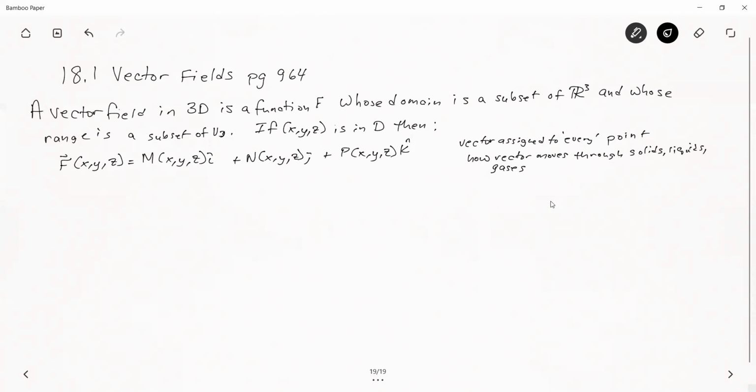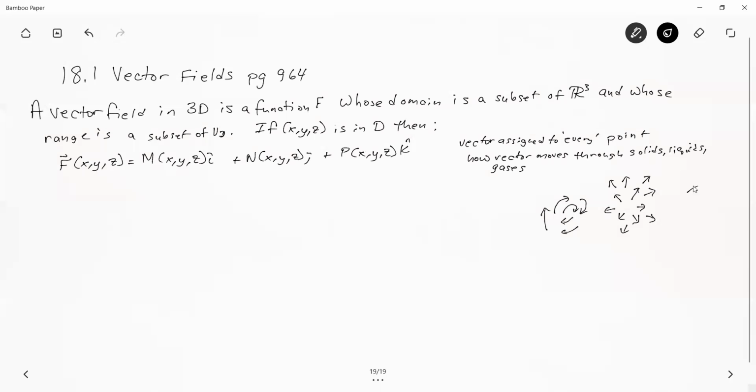So again, does it move in kind of a circular pattern? Are these vectors doing this? Are they moving out from a point? See how I have all these little vectors? Maybe it's moving out from a point.